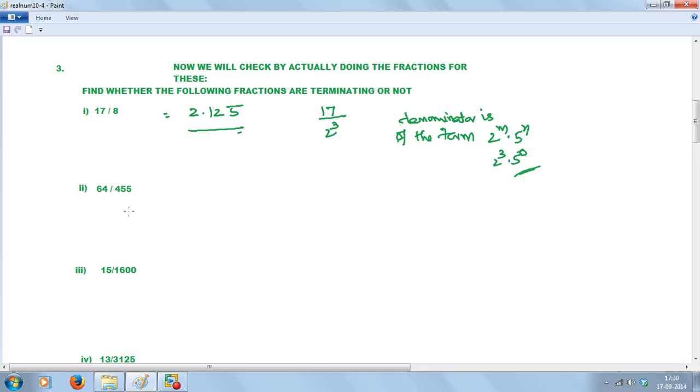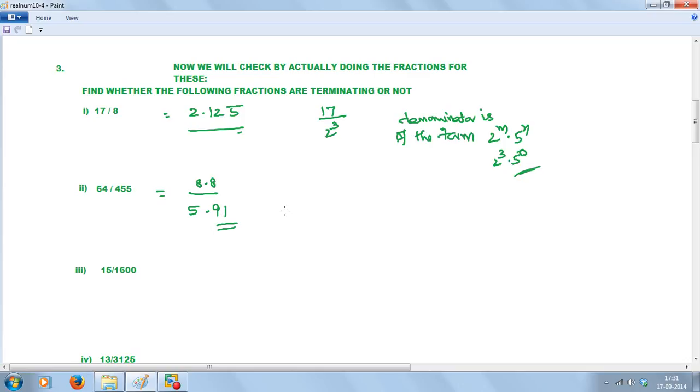Next problem, 64 divided by 455. The numerator is 8 multiplied by 8, so you can take 64 divided by 455. We can take the denominator as 5 multiplied by 91. In this case, see, 5 is odd and 91 is also odd.